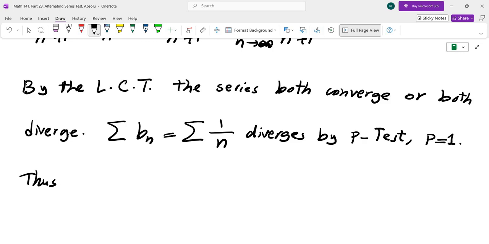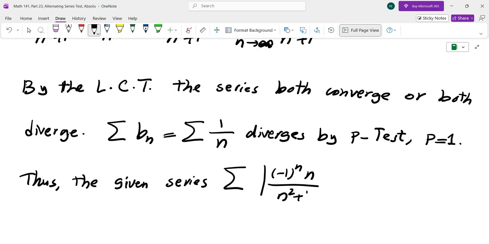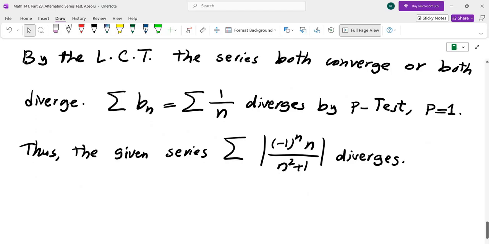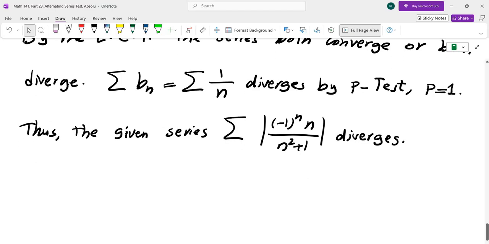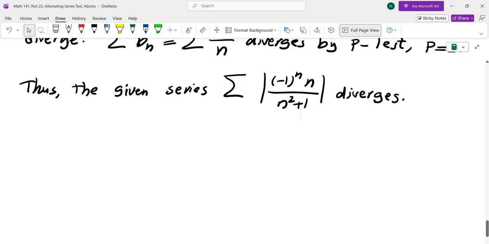So that tells us that the given series, when you take the absolute value of -1 to the power of n, n over n squared plus 1, diverges. So that doesn't tell us anything about this series itself because we don't know that this is absolutely convergent. We just know that when we take the absolute values, it diverges.